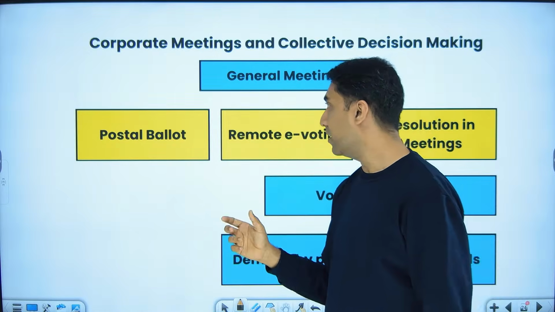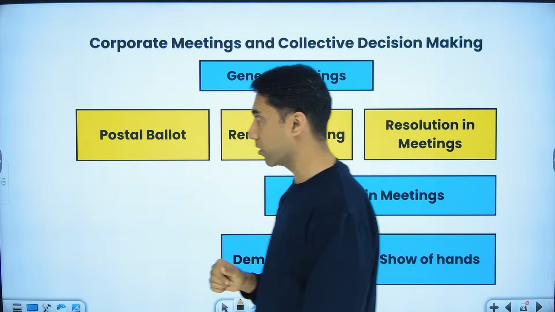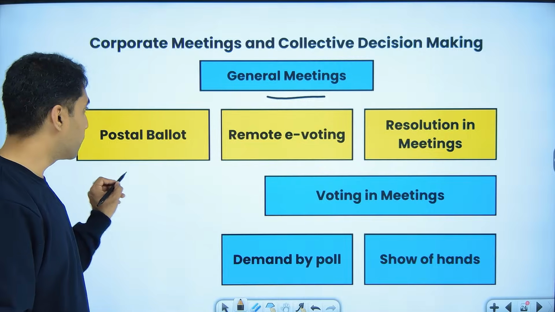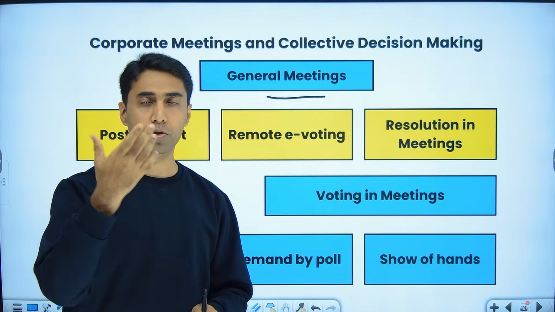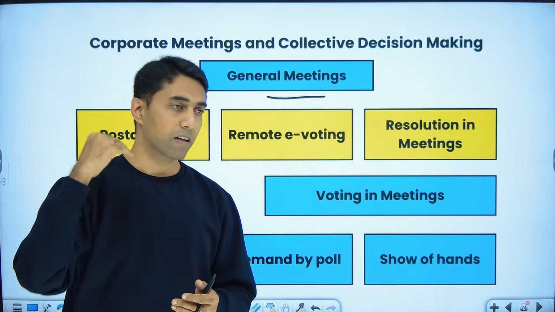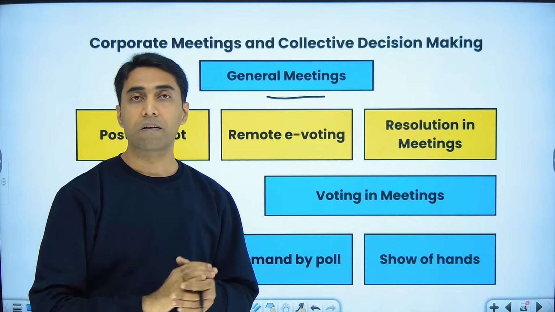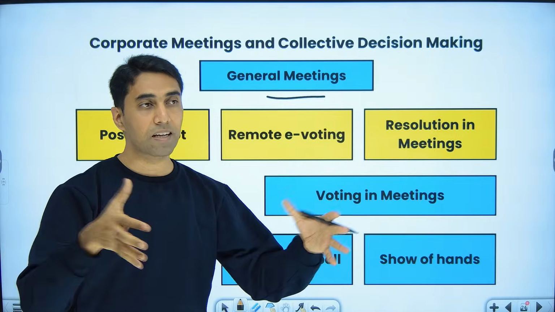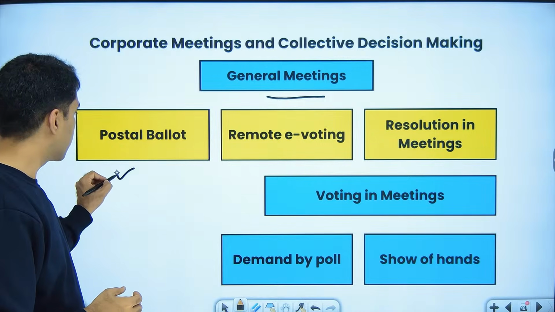In a general meeting, there are some more important concepts you should know. We have a concept of postal ballot. Of course, now there is hardly any post, it is through email, but basically notice is given to every member where they don't physically come. Physically there is no meeting, but we are doing it through postal ballot.